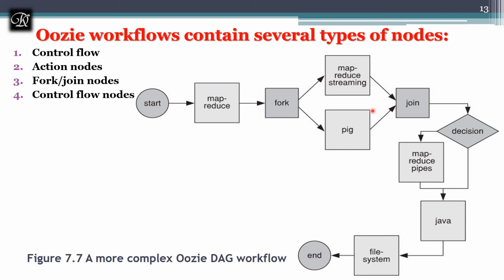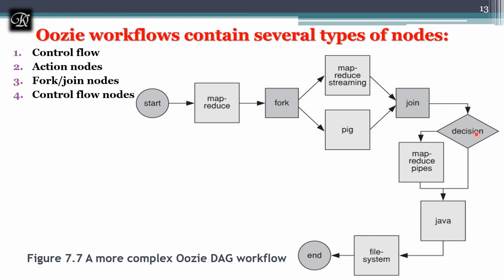And fork and join. As I said, fork is to create a process, join is to combine the process. Join will be used when a fork initiates the parallel programming, and join will be combining the results. And control flow nodes enable the decision to be made about the previous task. As I said, this is decision making.